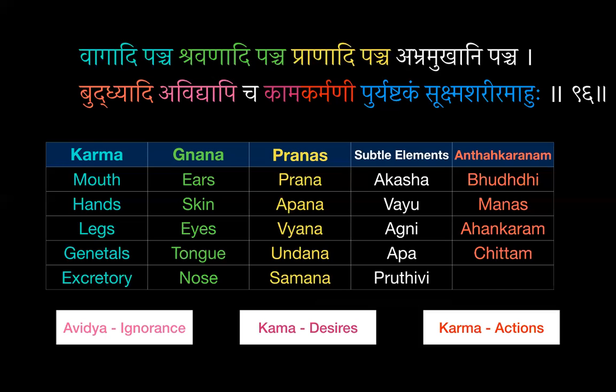But because of avidya, we forget that we are Brahma Swarupam and we identify with this body. So that is called avidya. Vidya means knowledge. Avidya is ignorance. We are ignorant of our own nature, which is the root cause for all our problems.